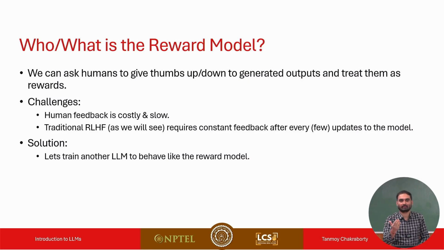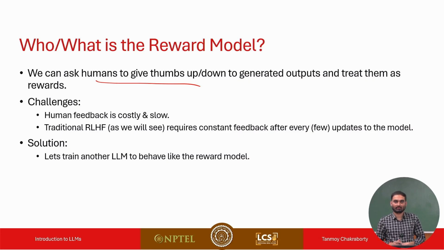Let's say you generate that the capital of India is Mumbai. The reward model should say that this is wrong. Ideally you expect that there will be some human being who will say that this is correct or this is wrong, thumbs up, thumbs down, right? So ideally the reward model should be a human being.